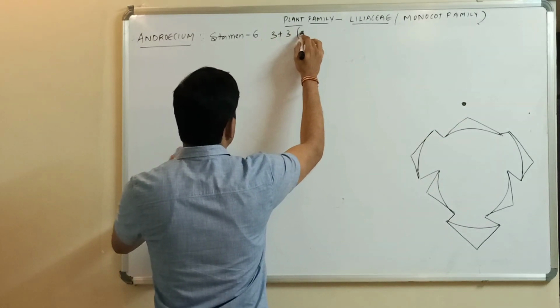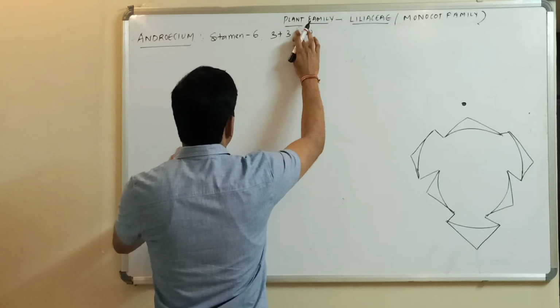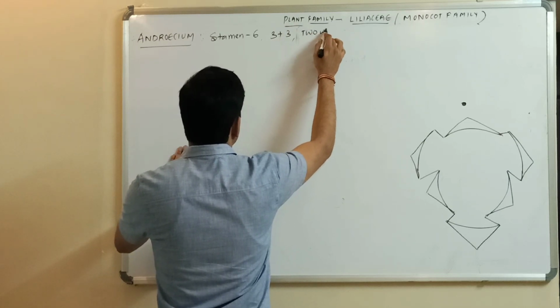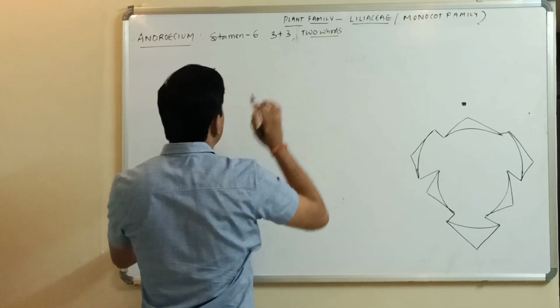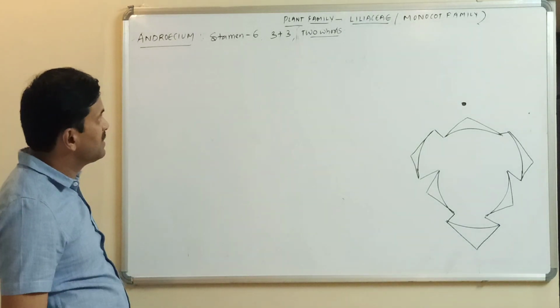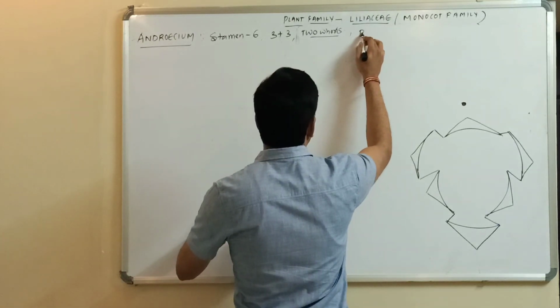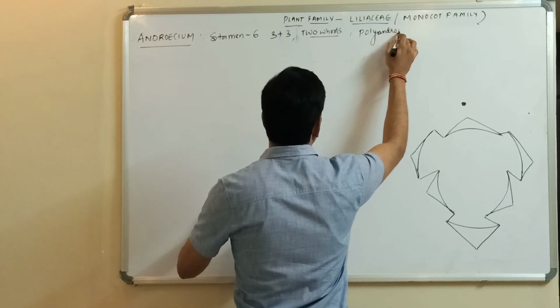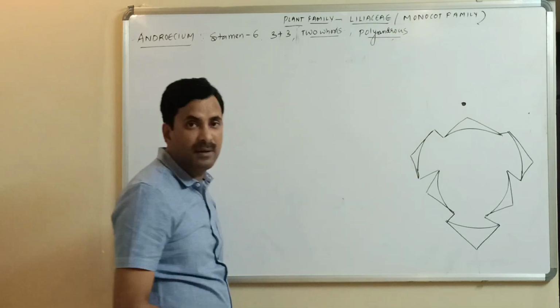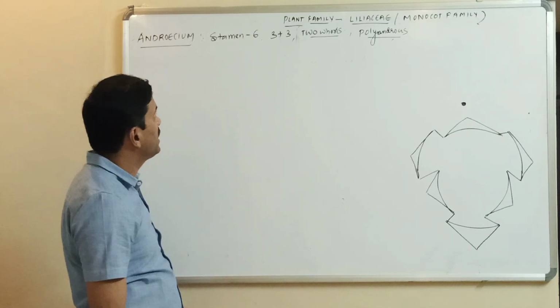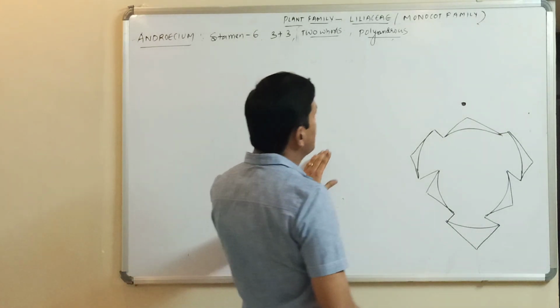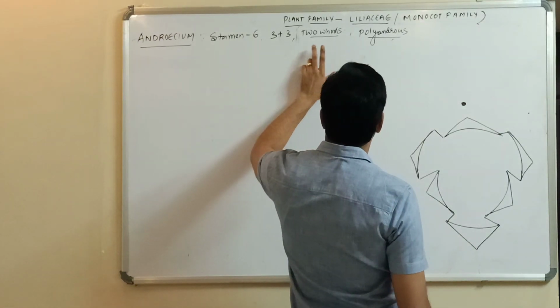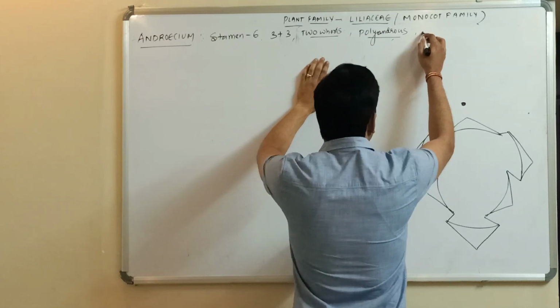3+3 means 2 whorls. They are found in 2 whorls. Okay, they are polyandrous. Remember this thing that they are polyandrous means they are free, but they are epiphyllous.